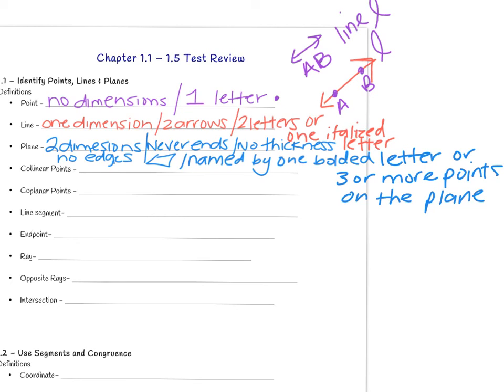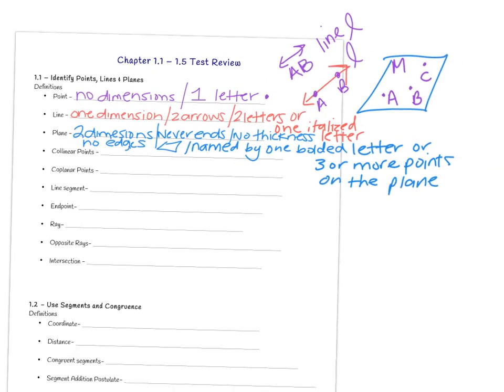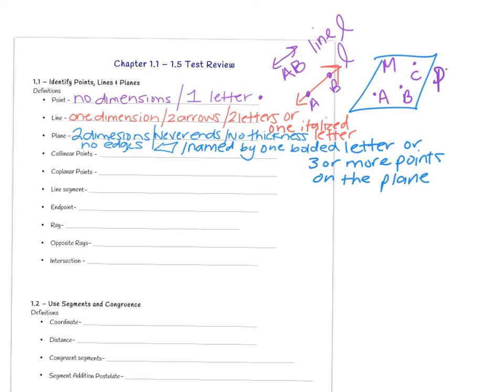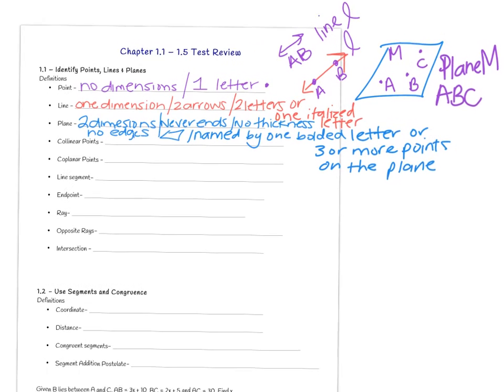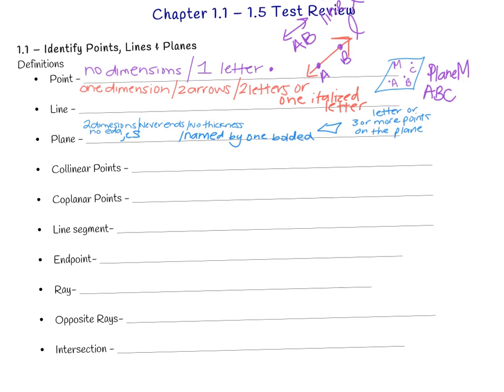All right. So a plane is named by one bolded letter or by three or more points that lie on the plane. So this would be plane M or A, B, C. Okay, what are collinear points?